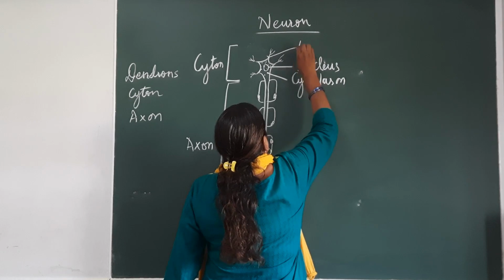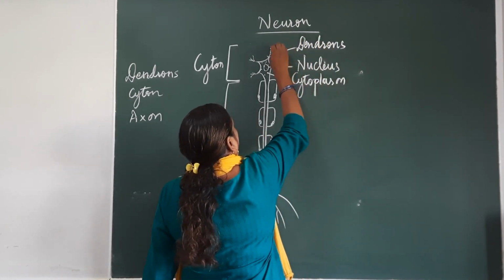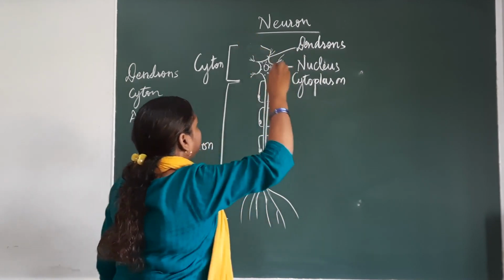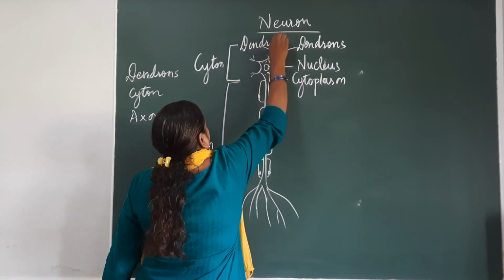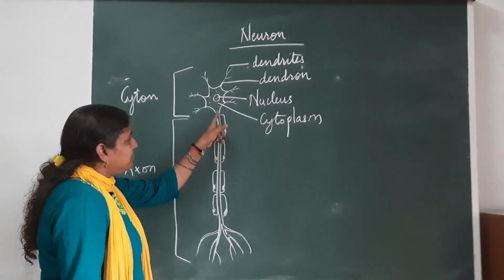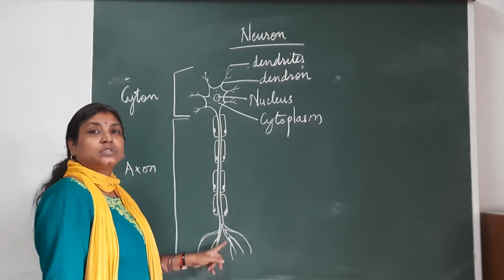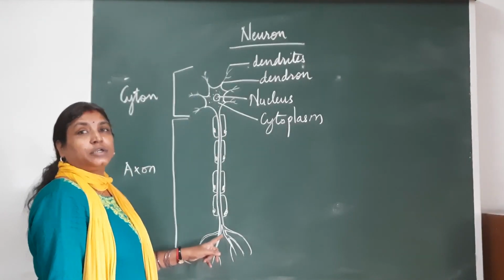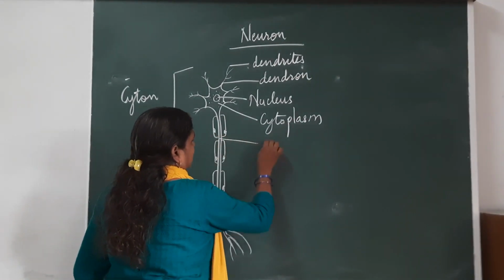So the larger ones are your dendrons, and the fine thread-like structures are your dendrites. Your axon is the middle rod-like structure that you can see, an elongated tubular structure that you can see is your axon.